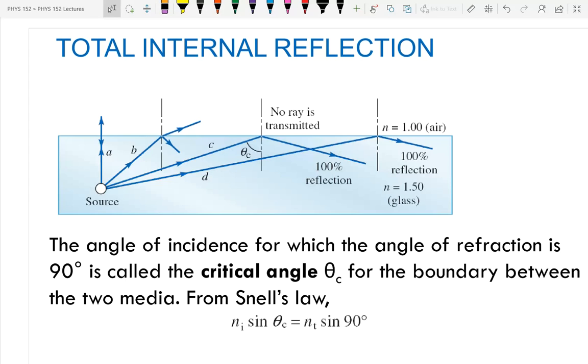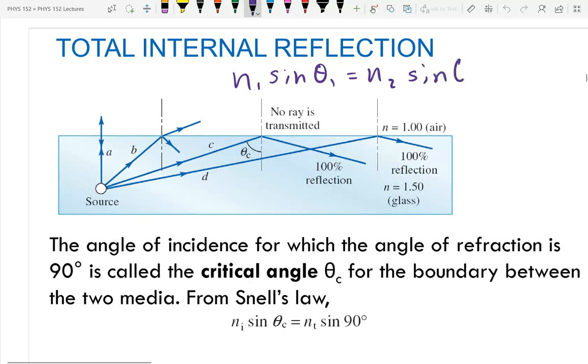Snell's Law says n1 sine theta 1 equals n2 sine theta 2. But there's a limit. The biggest angle you can have for refraction is 90 degrees. What is the sine of 90 degrees? 1. If you had a bigger angle than 90 degrees, what happens to the sine of that angle?